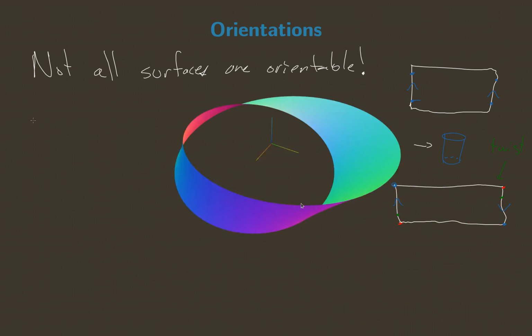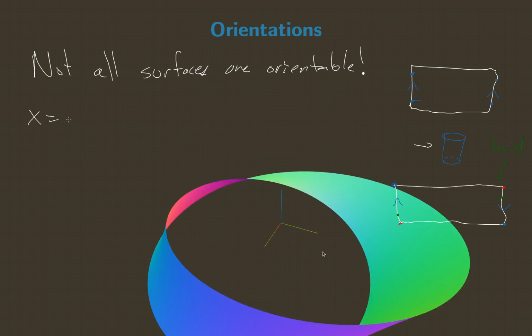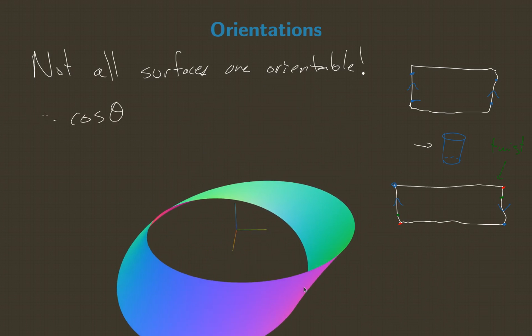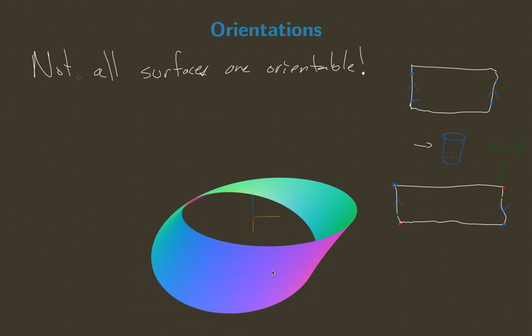So if we started out with a parameterization of a cylinder, let's say we took x equals cos theta. Actually, it'll be better to do it this way.